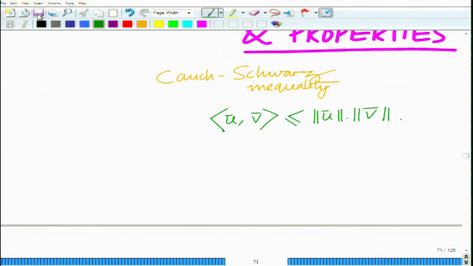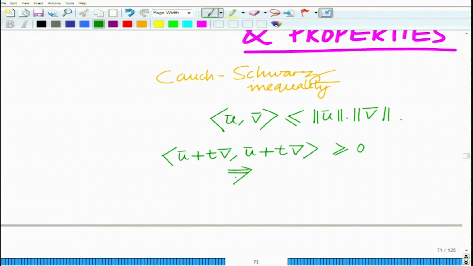And in fact, in the derivation of the Cauchy-Schwarz inequality, what you have seen is that we have employed the property that, we have looked at the inner product of u bar plus t v bar with itself, and we have said that this inner product is always greater than or equal to 0.